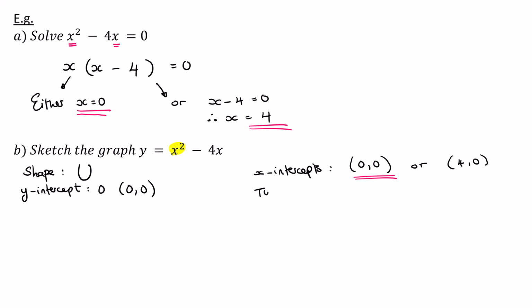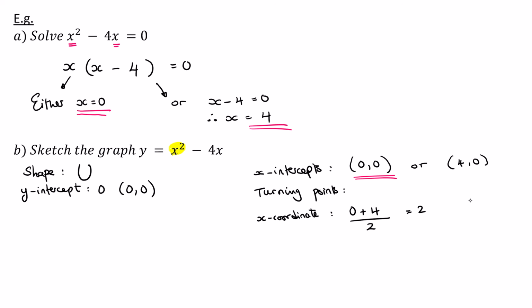And the turning point, well, the first thing we're going to do is find the x coordinate of the turning point. So that's the midpoint. So we add the two x intercepts together and we divide by 2. 4 divided by 2 gives us 2.